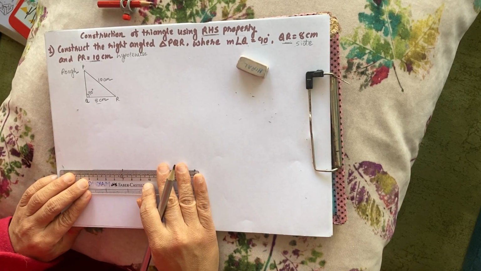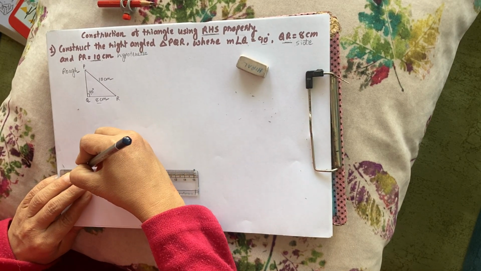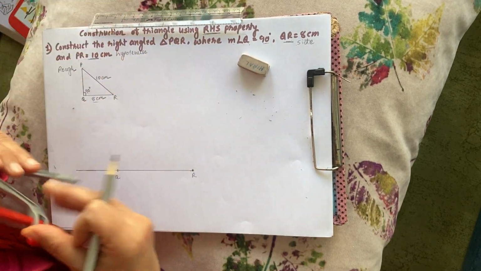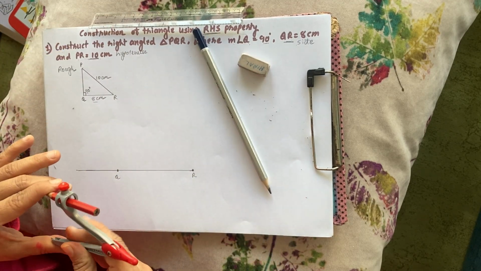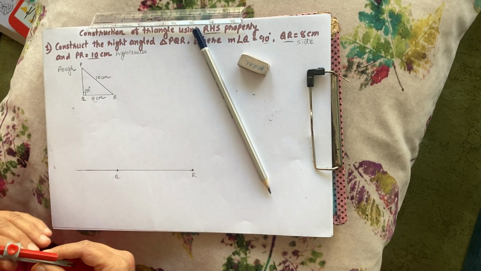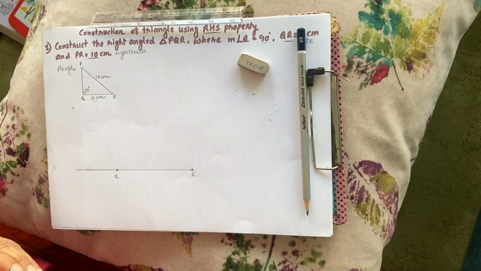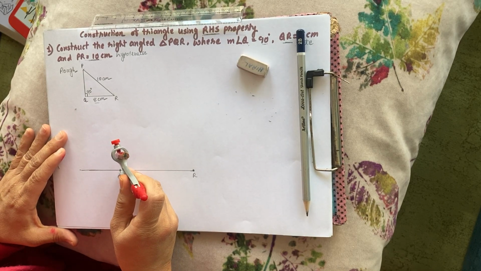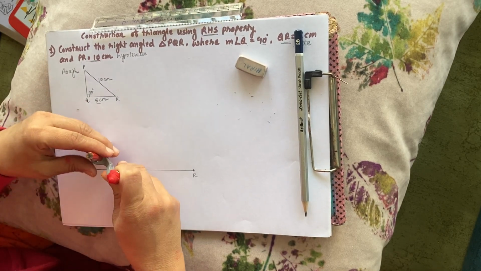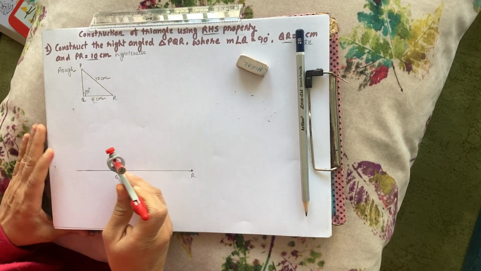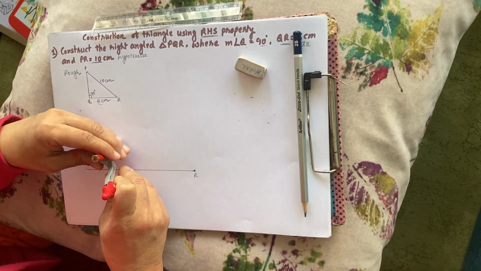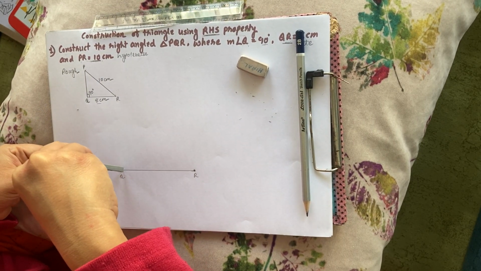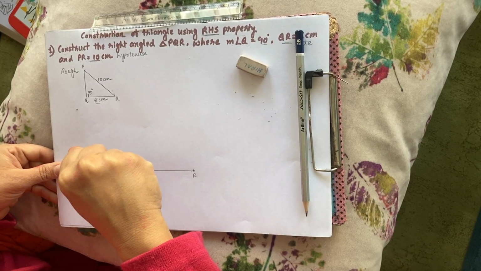I have to construct a 90-degree angle with the help of a compass. So how will I draw it? You have studied the construction of a 90-degree angle in class 6. You remember, I take Q as the center, with a radius not known, and I make two arcs on both sides.